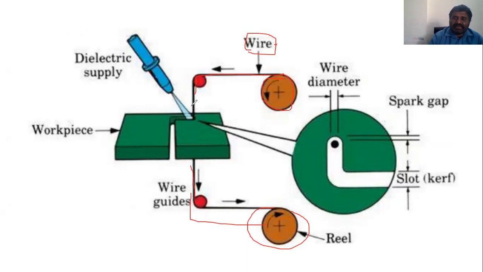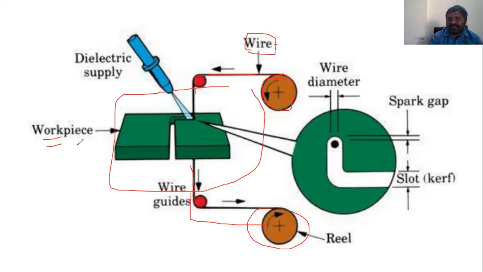When this wire, whether copper, tungsten, or brass, comes near the workpiece, the process takes place in the path. The workpiece should also be thermally conductive, whether it is brittle or ductile, because of the dielectric fluid. As the dielectric fluid we are using a hydrocarbon or mineral oil.